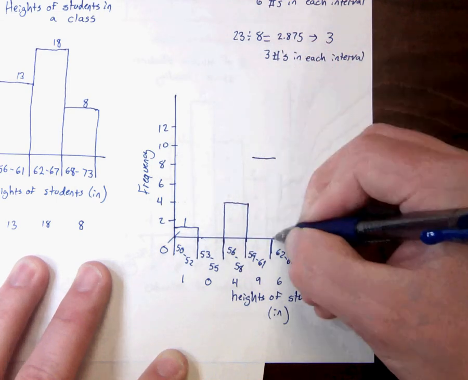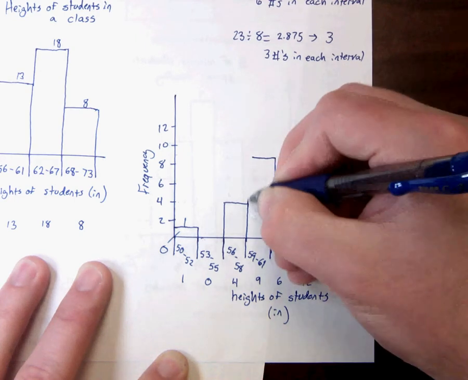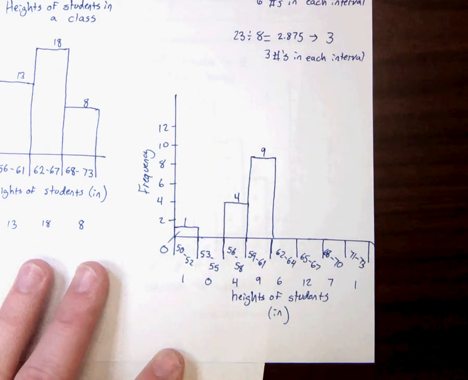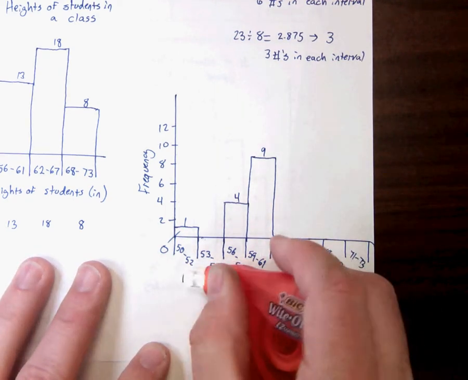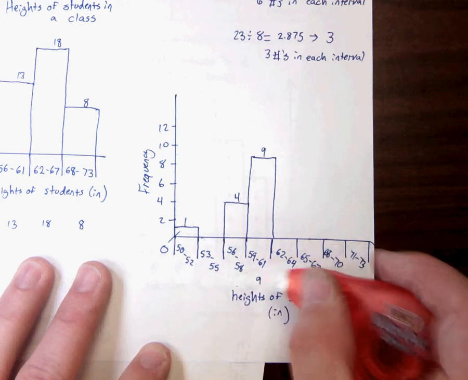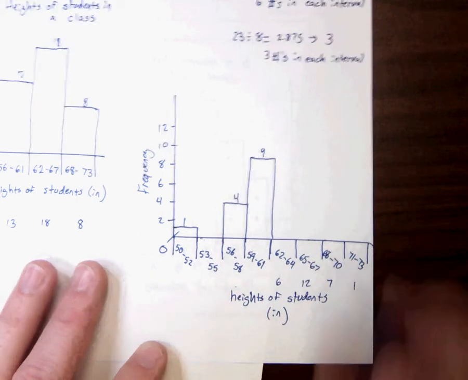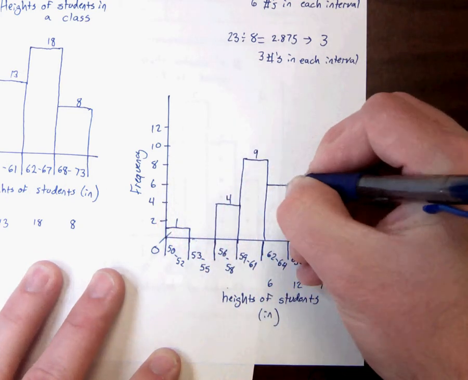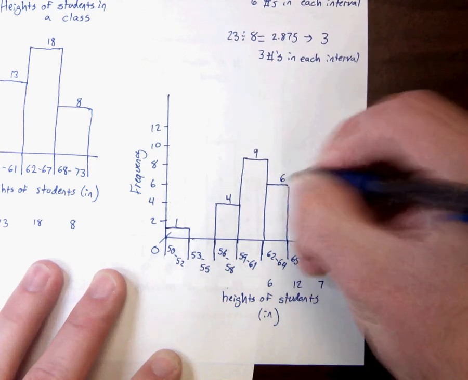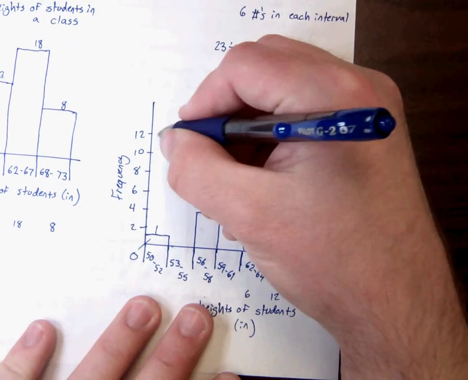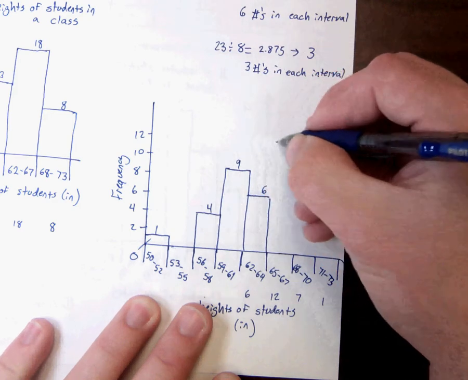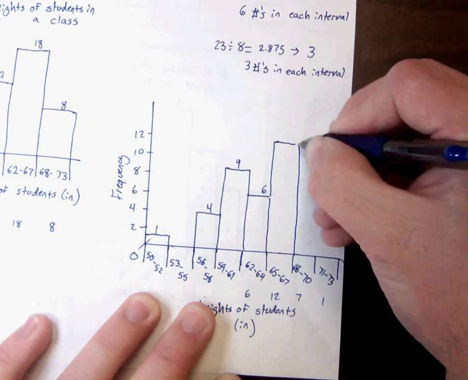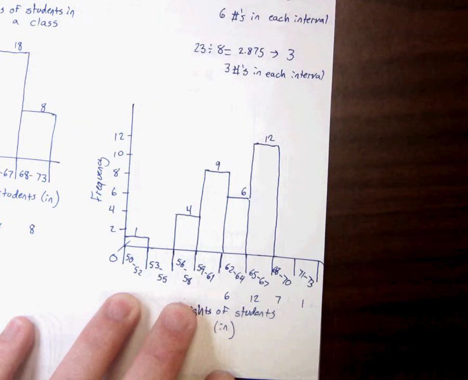As we label them, I'm going to get rid of these numbers. 62 to 64, they were 6. 65 to 67, 12. 68 to 70, 7. And 71 to 73, 1.